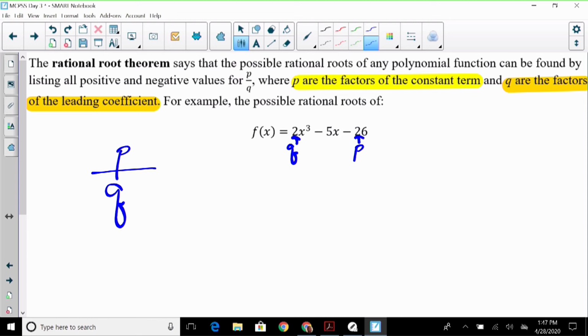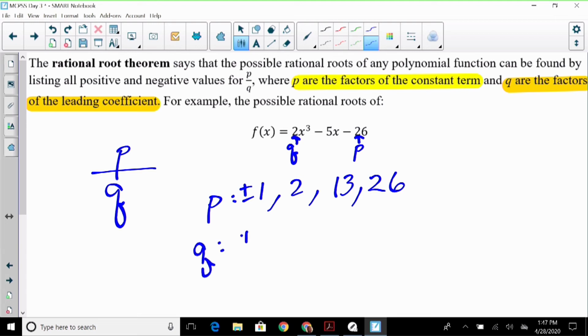So the factors of p, that is 1 times 26 and 2 times 13, positive and negative. Possible values of q, the factors of q, just 1 and 2.